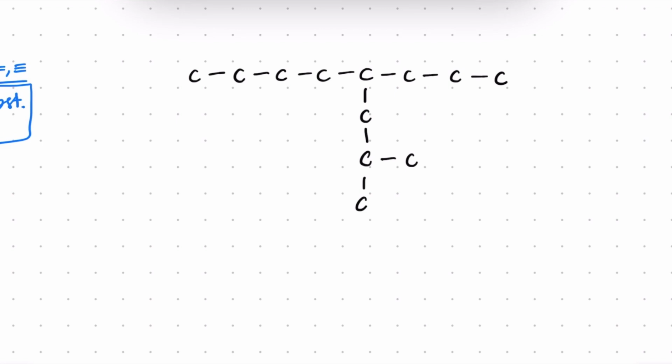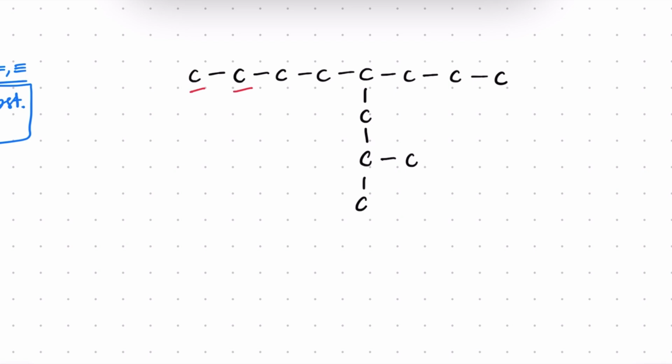Okay, so here we are with a problem. I want you to try and figure out what the parent chain could be. You can pause the video to figure it out. Okay, I'm assuming that you paused the video, but let's find out what the parent chain is. I'm going to use a different color. Just by eyeballing it, we'll find out what you think is the longest carbon chain.